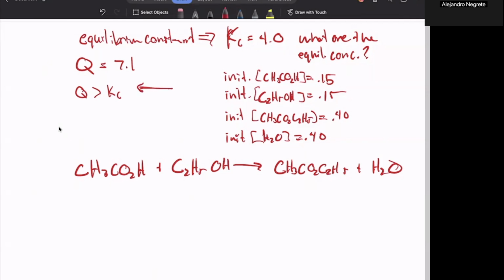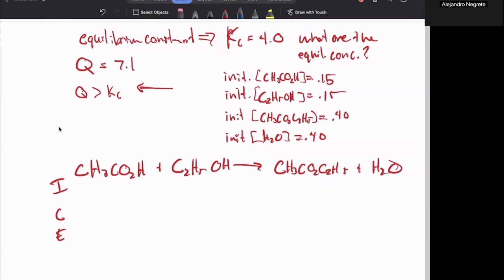Because this is not at equilibrium, in order to come to equilibrium, the reaction is going to shift to the left. So when we're drawing our ice table, this becomes very important, because we have to think of negative X and positive X and where those values are going to be. Okay, so first let's get our concentration.